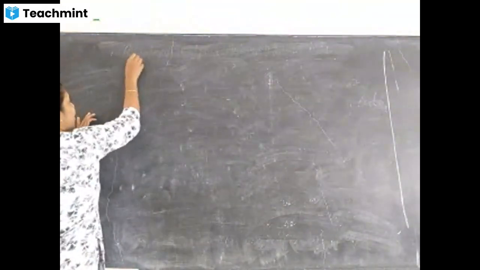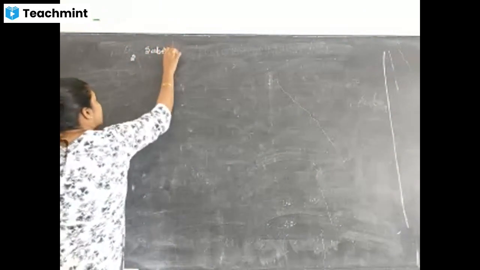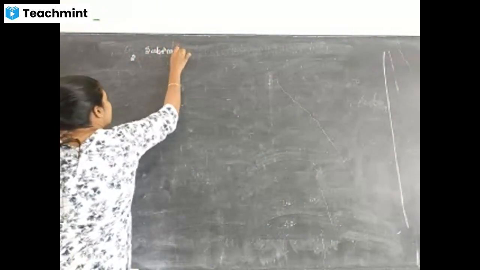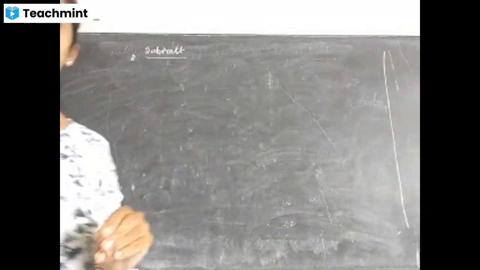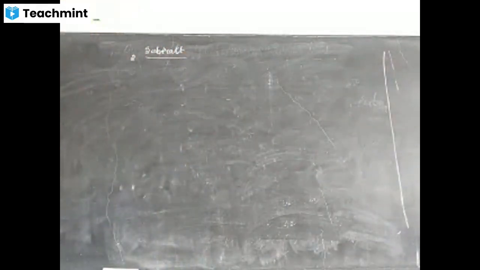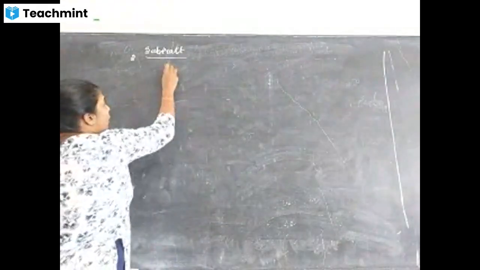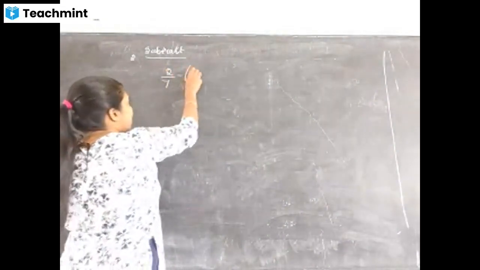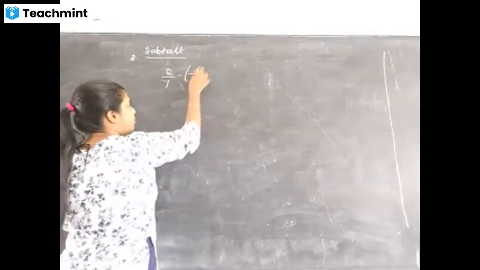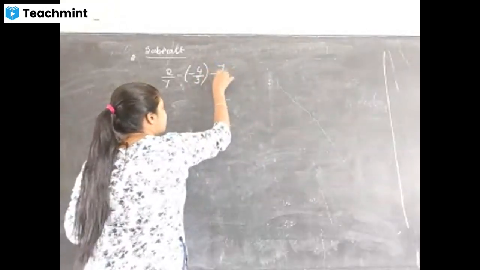Okay. Next, I'll take subtraction. 2 by 7 minus of minus 4 by 3 minus 7 by 6.